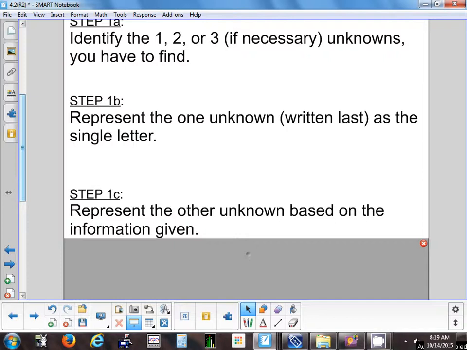Is it Mark's age, Steve's age, whatever. You'll label first. That's step 1A. Step 1B, the second thing written gets my single variable. Then step 1C, how am I going to represent that first unknown based on what I have for the single variable? I'm going to move on, guys. If we need to, I can come back to it after.